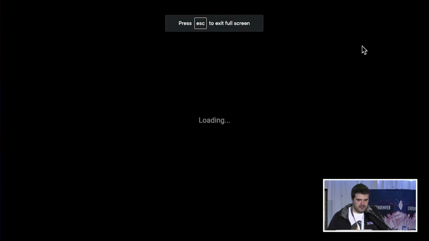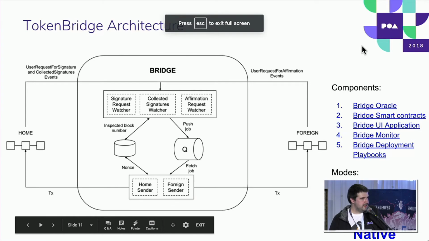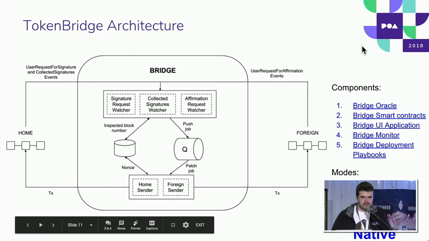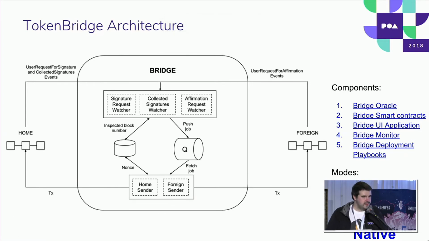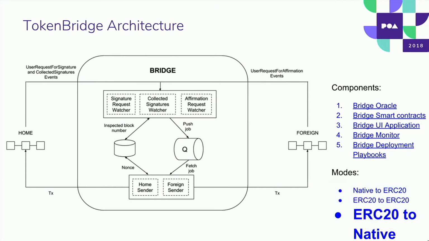So as I said, the bridge is quite a complex solution. It consists of 5 different parts, and there are smart contracts on both sides of the bridge. There is an Oracle service, and this Oracle service is replicated for all validators. There is a UI application, which we just used to transfer tokens.